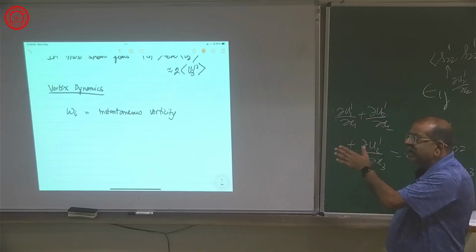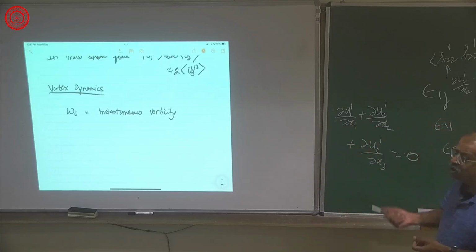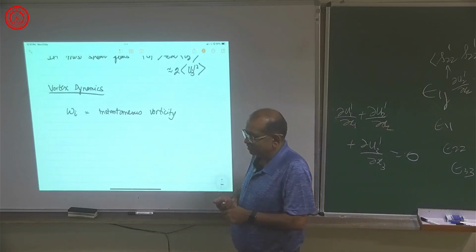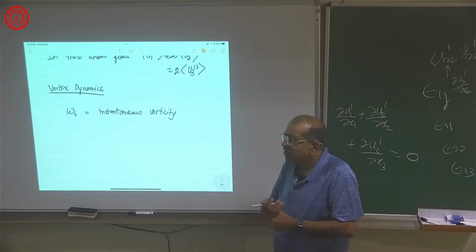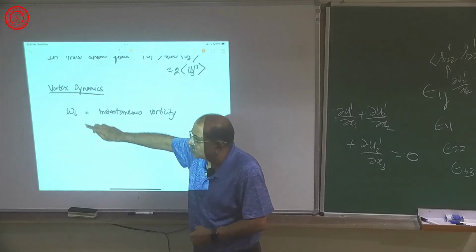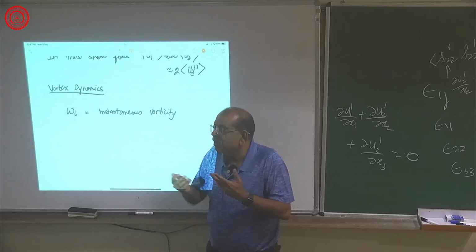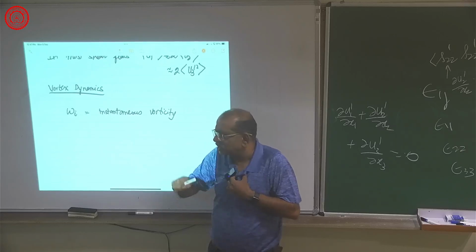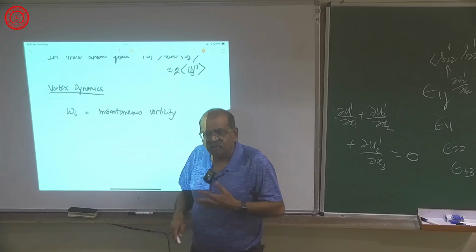So we'll derive that, and show how vorticity comes up even in the Navier-Stokes equation. That will be the first part. And then we will derive an equation of vorticity from the Navier-Stokes equation, which is straightforward because all you have to do is take del cross of the Navier-Stokes equation.